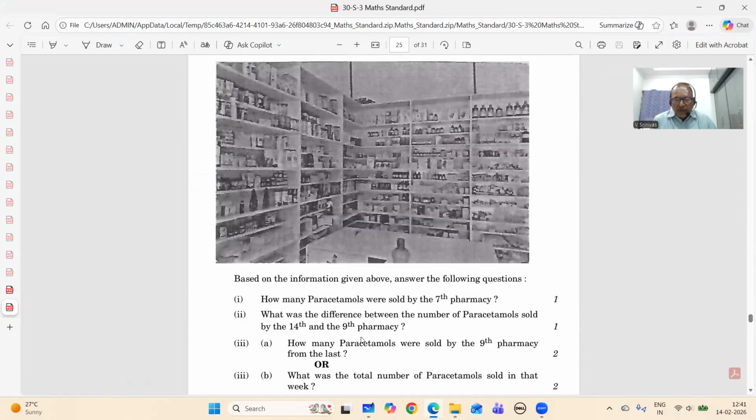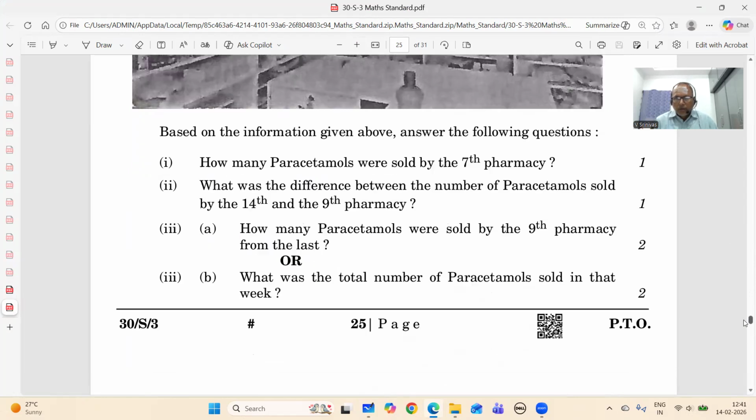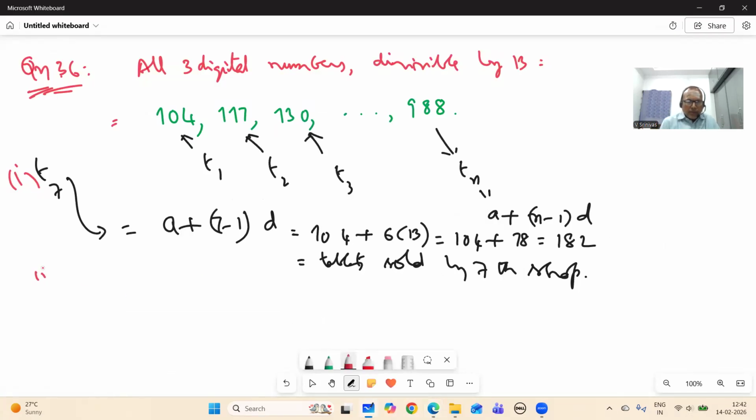What was the difference between the number of paracetamols sold by the 14th and the 9th pharmacies? Okay, yeah, 14th and 9th pharmacies. So the second bit is we have to calculate.